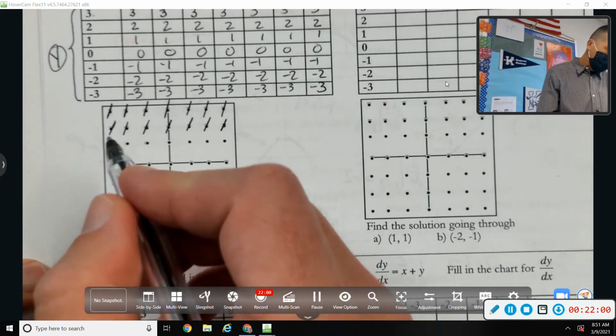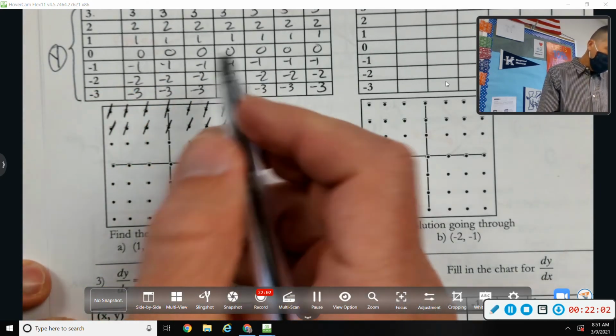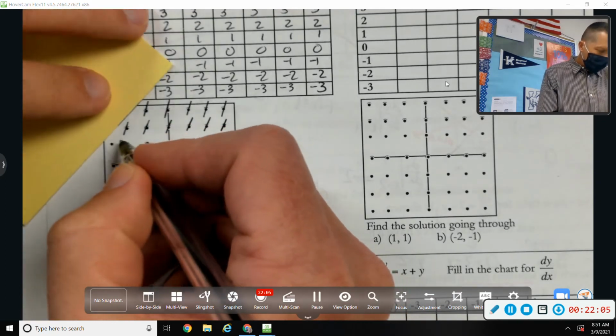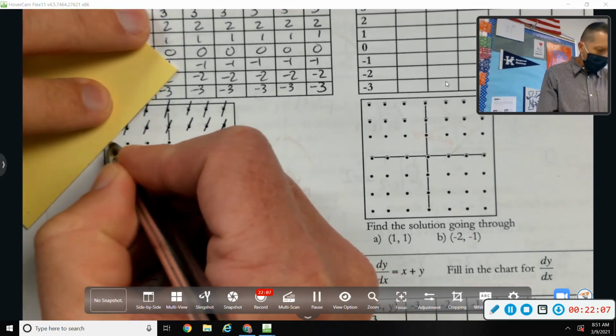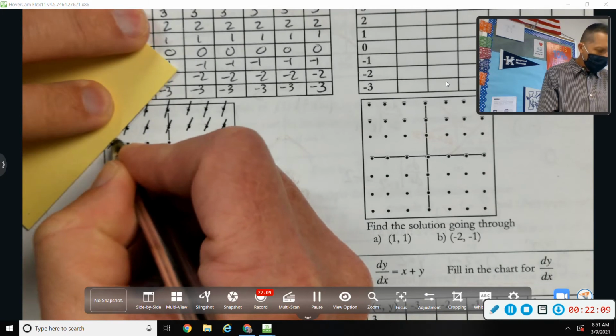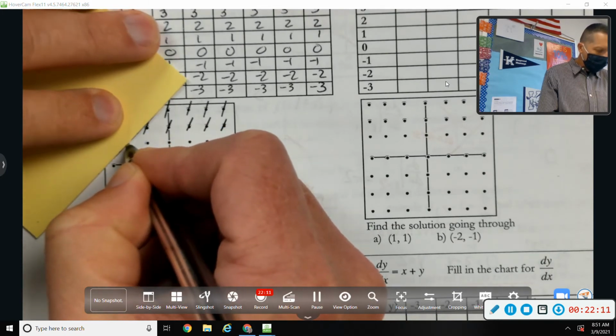Next line down, when y is 1, the slopes are all 1. So this is kind of easy to do. I'm just aiming for the next dot that's up and over. Right? Up 1 over 1.